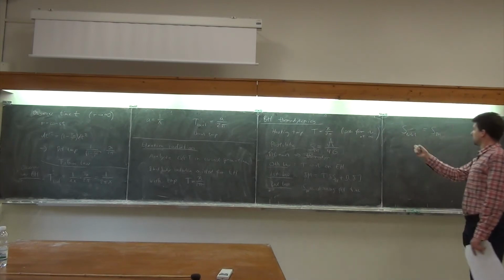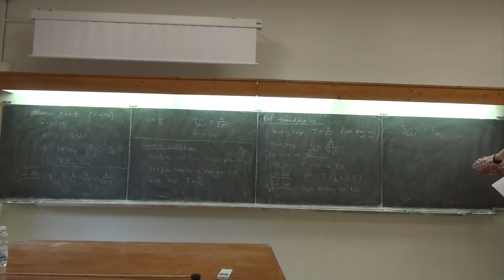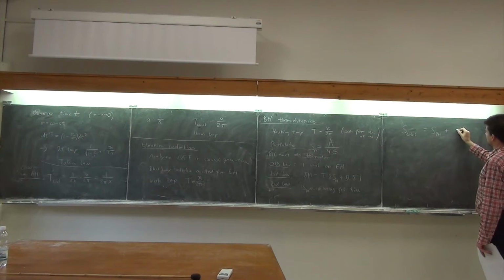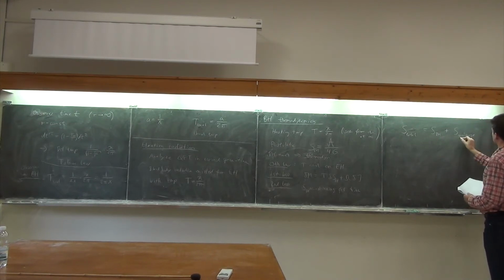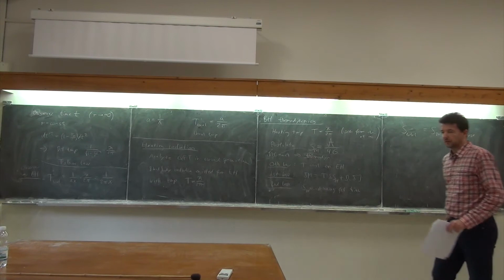Say if you have a universe with a single black hole in it, the entropy of the universe is equal to the entropy of the black hole plus the entropy of all the rest, so the universe outside the event horizon.